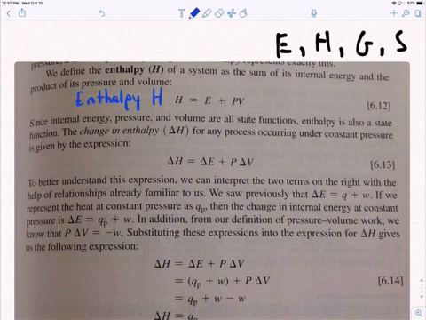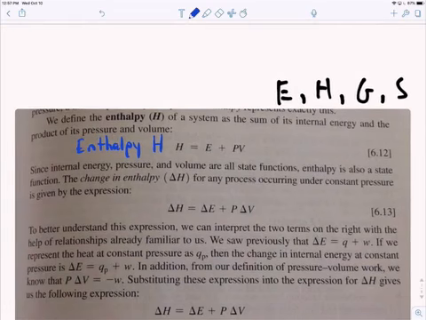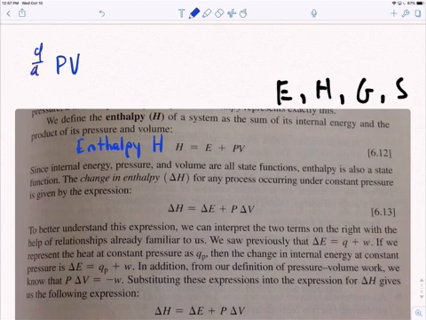Okay. So if you have pressure times volume and you take the derivative, this is going to equal pressure prime times volume plus pressure times volume prime. You've probably seen that before.